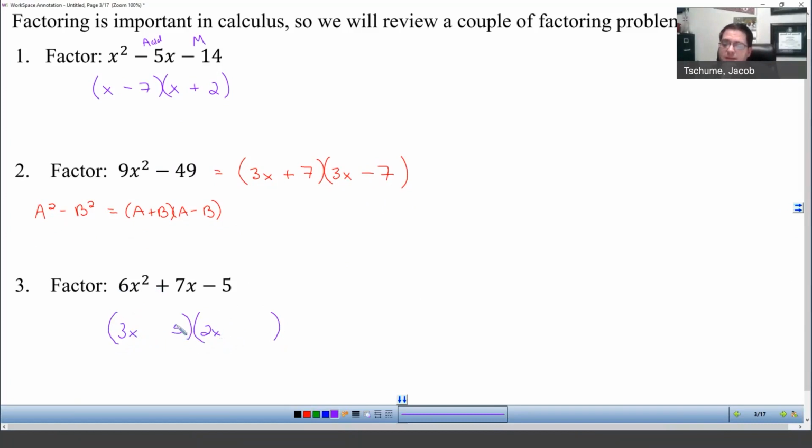I would make this 5 and this 1, and it looks like that's going to be a plus here and a minus here. The way you can always check yourself is to re-FOIL it. Multiply this back out using the FOIL technique that you learned in algebra, and you can verify that you do get the original problem. So as you're going through these factoring problems on your homework, make sure you're practicing double checking yourself, because you are going to see a good bit of factoring in this section.